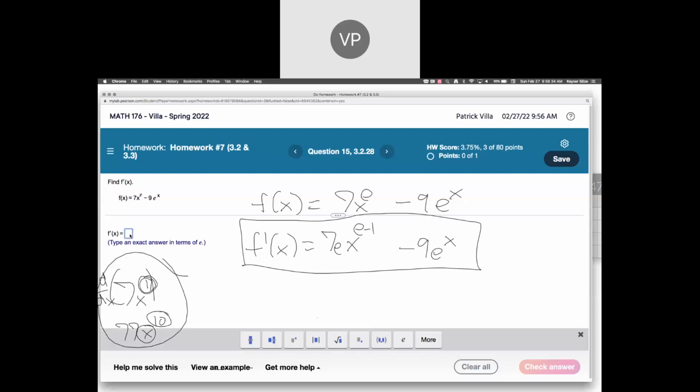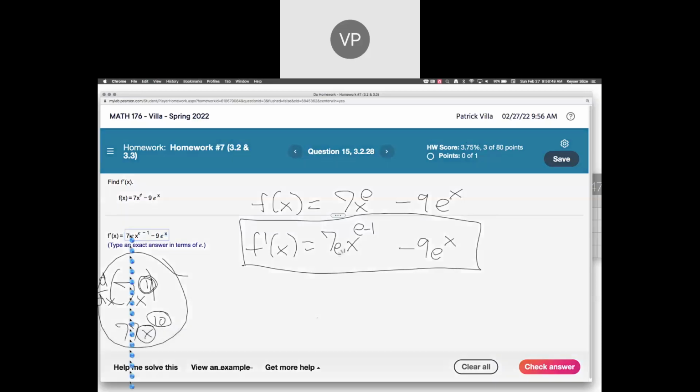We get 7x to the power of e minus 1. That's the first term. Then minus 9e to the x, and there's our answer. So again, pause and check this out if you have to look at it a little bit longer. If not, resume, and we'll go on to number 16.